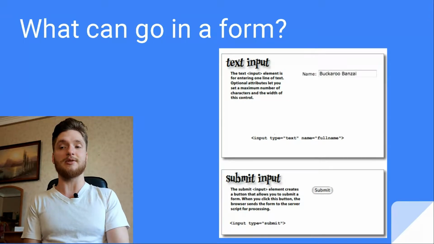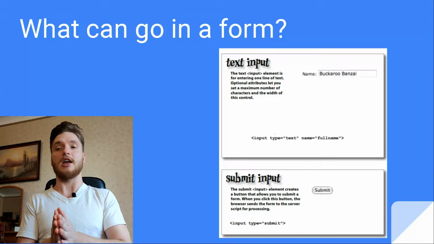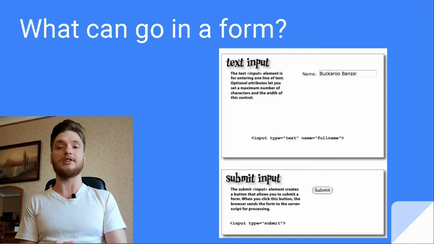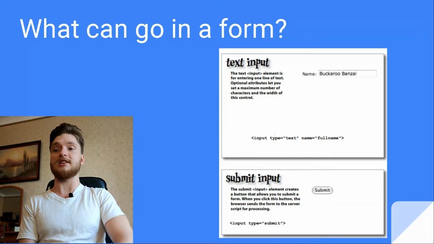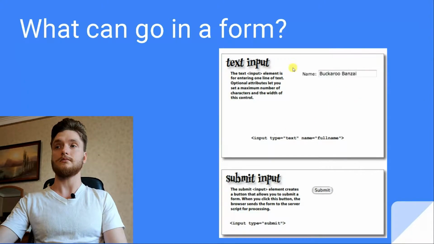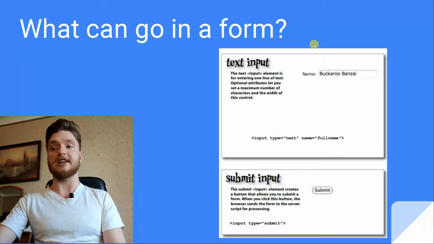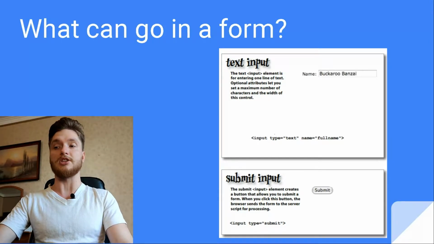Text input. The text input element is for entering one line of text. Optional attributes let you set the maximum number of characters and the width of this control. An input element with a type attribute of text creates a one-line control in the browser page.